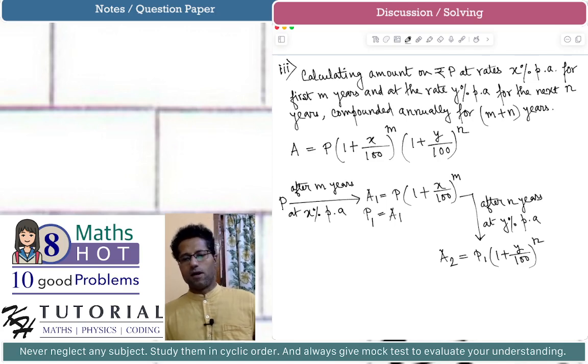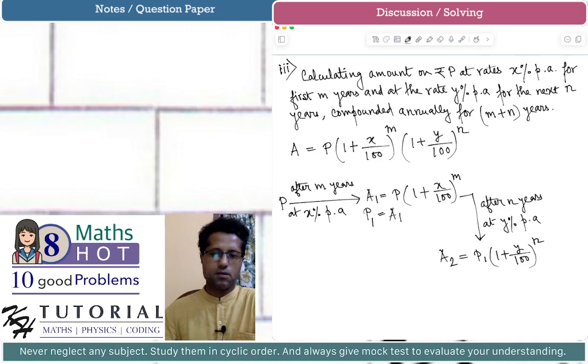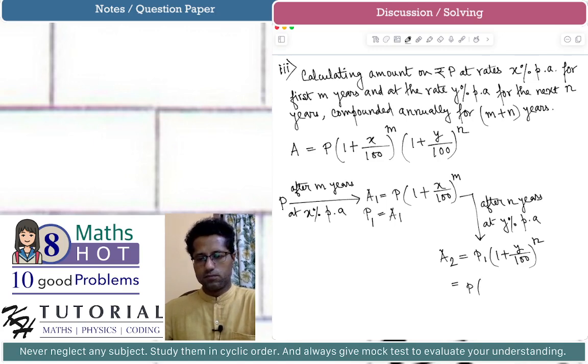This is the amount that will result on the principal P1 after n years, where the interest is being compounded annually at the rate of Y% per annum. Okay. Now P1 we know is A1, and A1 is P into 1 plus X by 100 to the power m, and we have 1 plus Y by 100 to the power n.